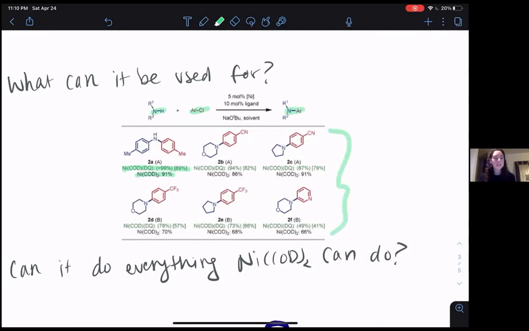And in a lot of cases, nickel cod DQ actually performs better than nickel cod. For example, in the reaction I've already highlighted, nickel cod results in a 91% yield of the desired product, and nickel cod DQ results in a greater than 99% yield of the desired product. The yield is the amount of product that's made based on the amount of starting material you put into the reaction.